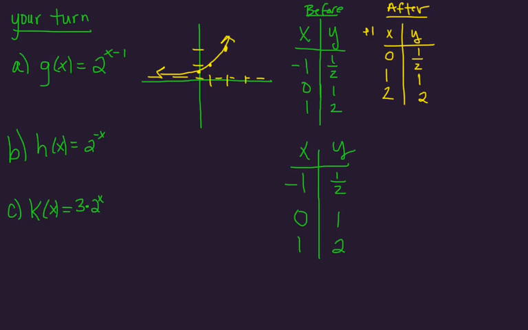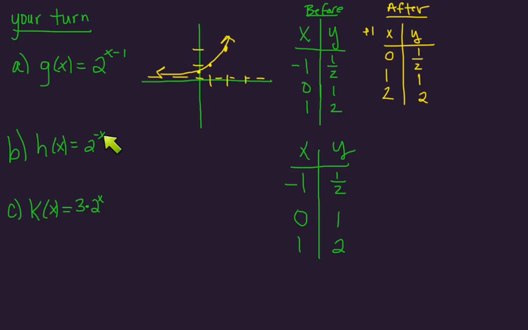But where does my foundation come from? It comes from looking at the base of the actual exponential function. If that had been 3 to the x, then these would be 1/3, 1, and 3. Whatever that base happens to be, that's going to change your original points. What is this negative x going to do to all my values?